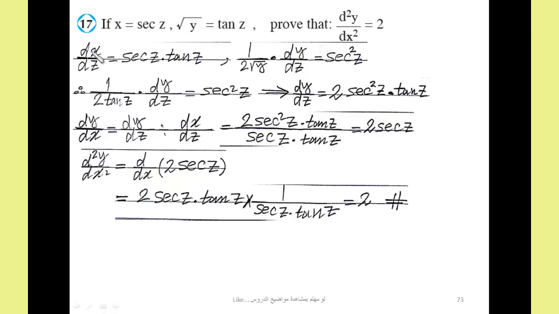We have dx/dz equals sec z tan z, so dz/dx is the reciprocal. It will be 1 over sec z tan z. After you cancel the numerator with the denominator, you will get 2. And this is the right hand side. I hope you understand everything. Thank you and goodbye.